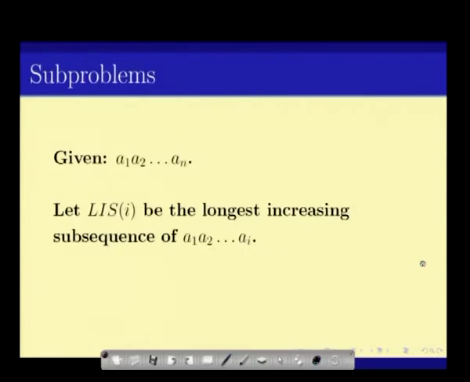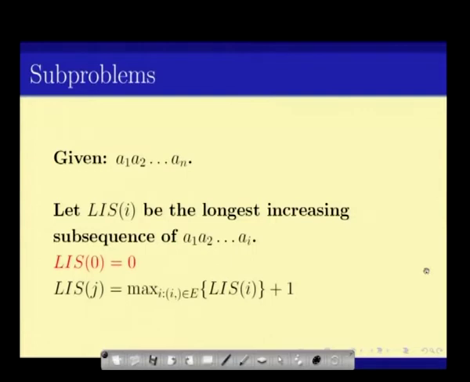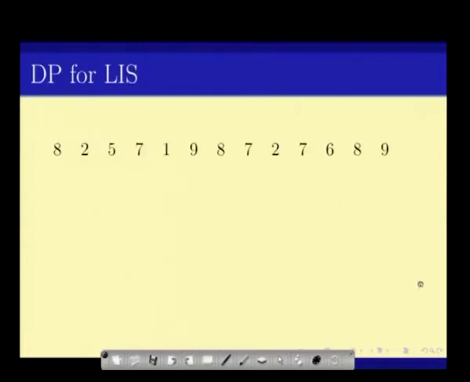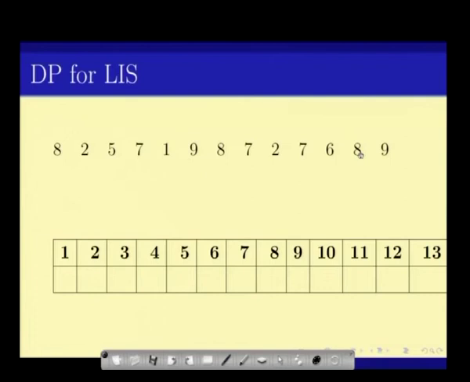So, in this case the idea is exactly the same, and I will not go over it all over again because we have done it so many times, but the idea is that when I am computing the LIS I, we can write it down on a table.